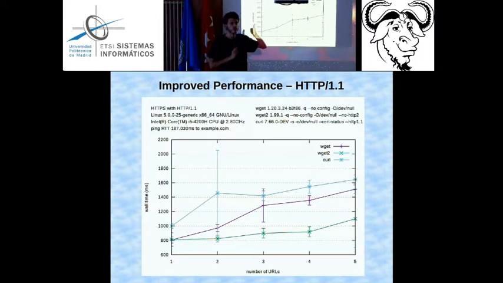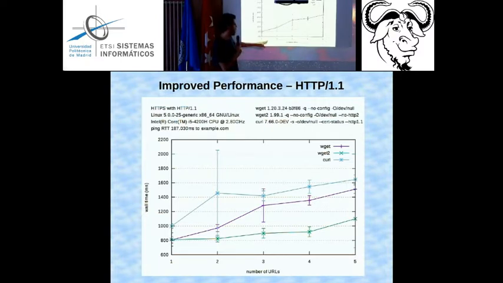The graphics you saw first were made by Darcy on a server, in a data center. I made this one with the internet connection I have in a rural part of Spain, so it's like the worst connection you are going to see.